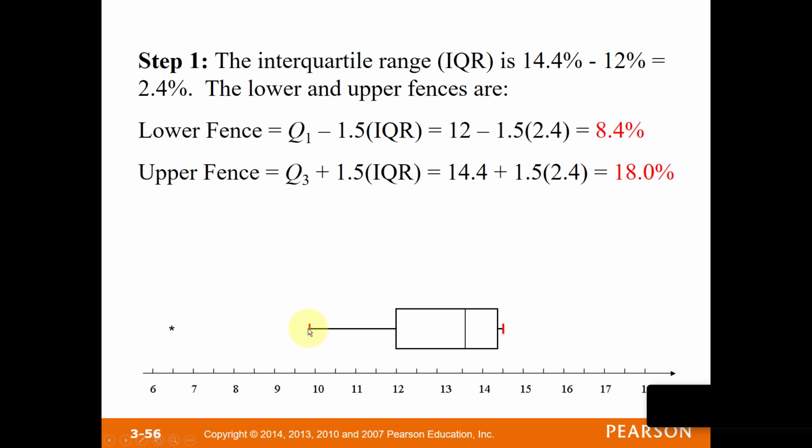So that means the end of this whisker right there will be the second smallest value. If I had 2 outliers on the left, then this would be the third smallest value. If I had 3 outliers on the left, this would be the fourth smallest value. The end of your whisker corresponds to your data value from your table. That's the smallest value still inside the fence, the smallest value that is not an outlier.